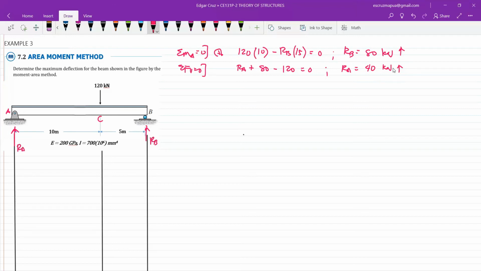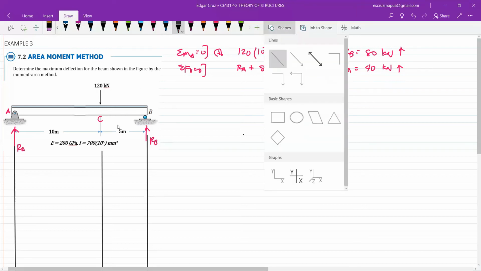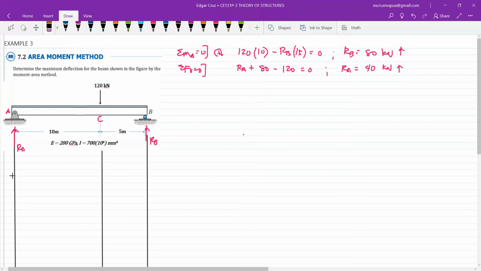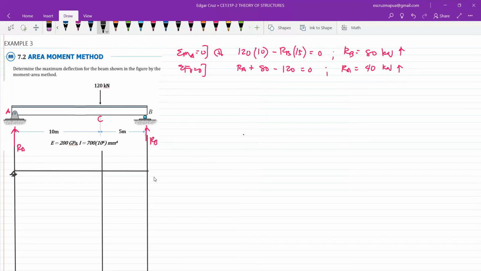Okay? So after having the reactions, let us draw the elastic curve. The elastic curve would be the deflected form of the beam. Let's say the beam is perfectly horizontal before loading, so hinge, tapos roller.